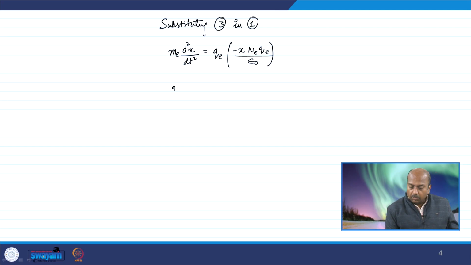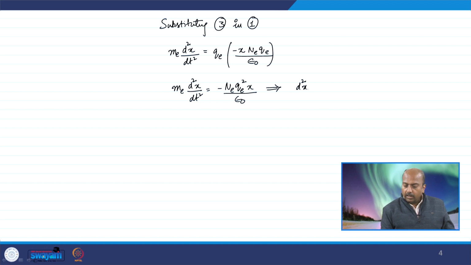Or simplifying this, Me d square x by dt square is minus Ne QE square x divided by epsilon naught, or d square x by dt square plus Ne QE square by epsilon naught Me x is equal to 0.